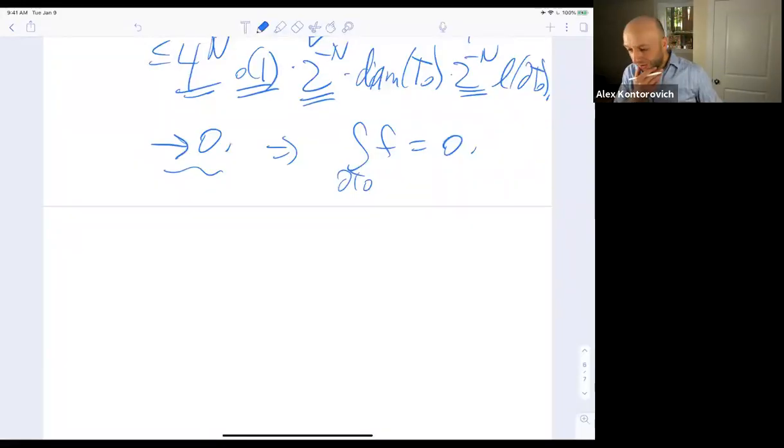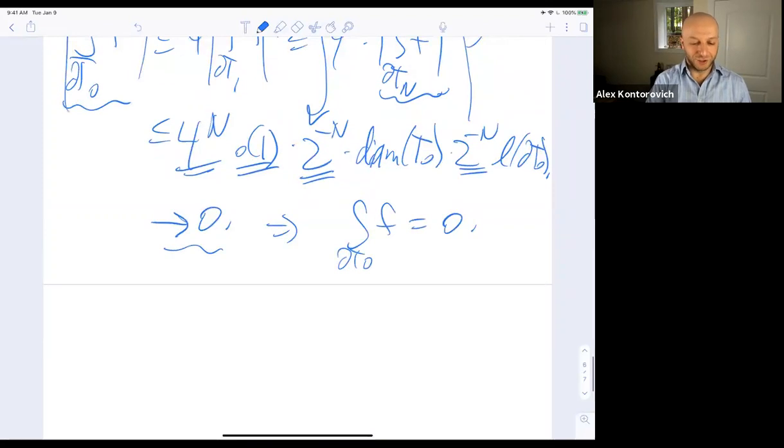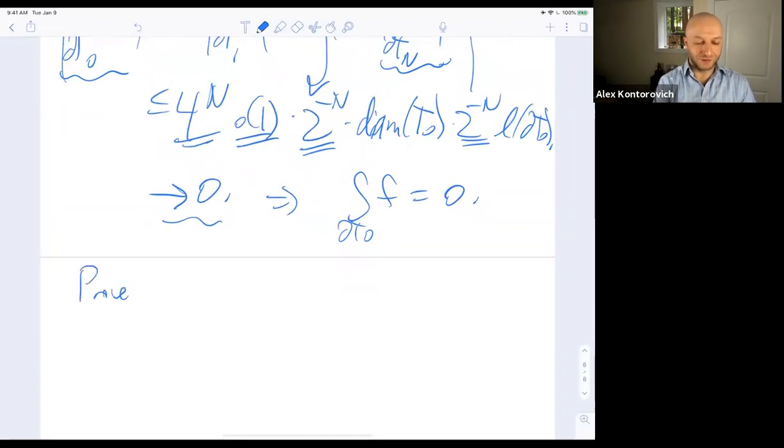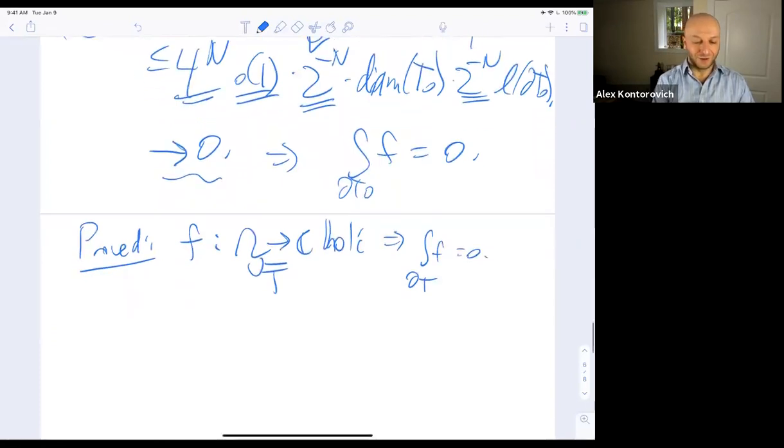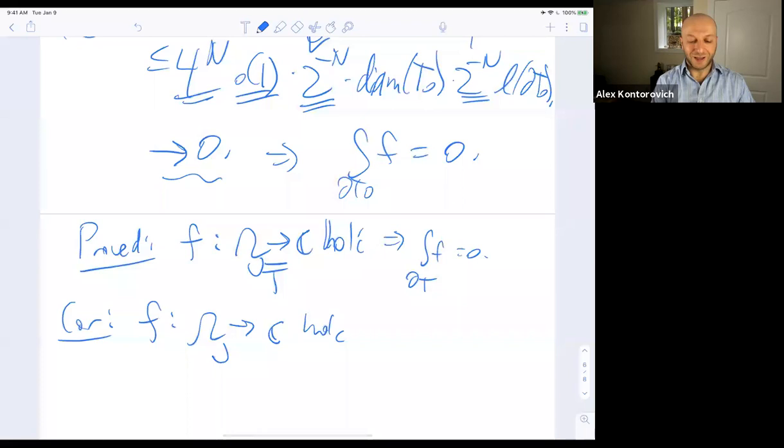Okay. So we just proved that if f is holomorphic and this contains a triangle, then the integral over the boundary of the triangle of f is 0. Corollary, if f is holomorphic and this contains a rectangle, then the boundary of the rectangle, if you integrate over f, is also 0.